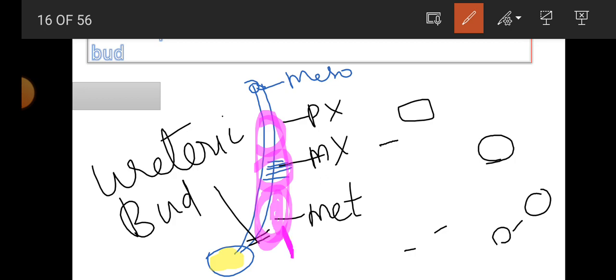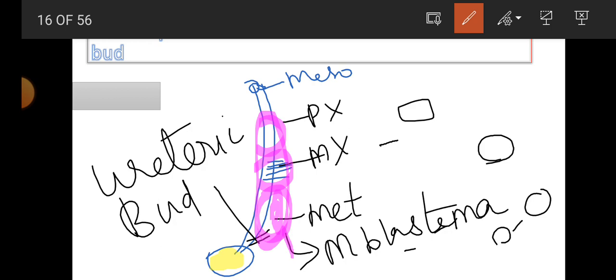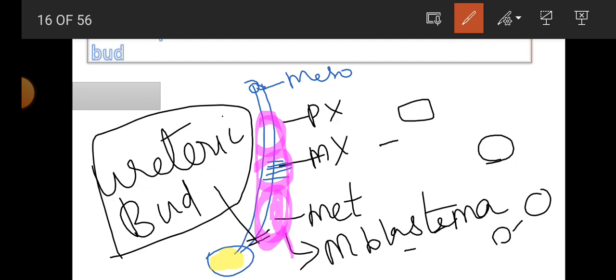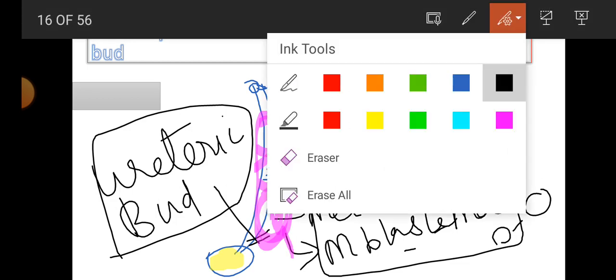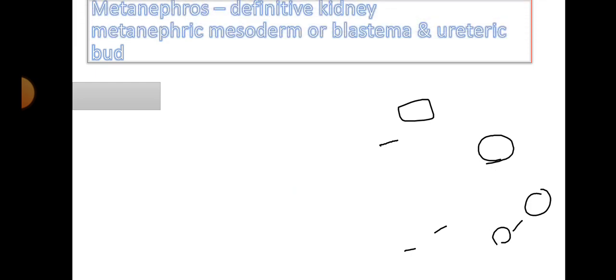Now this metanephric tissue is called metanephric mesenchyme or metanephric blastema. Keep these two words fixed in your mind: metanephric blastema and ureteric bud. These are the two forerunners in the development of the definitive kidney.